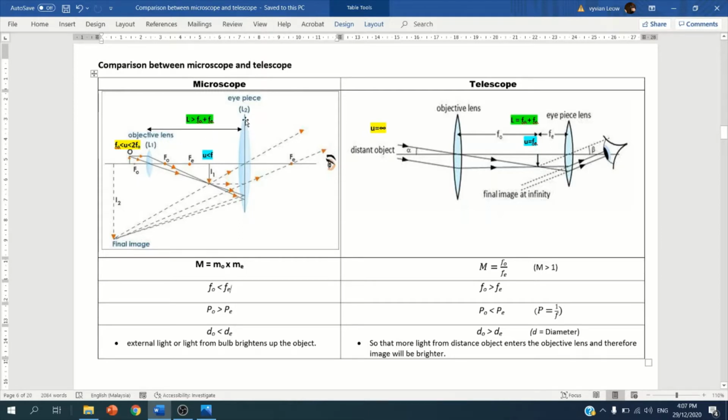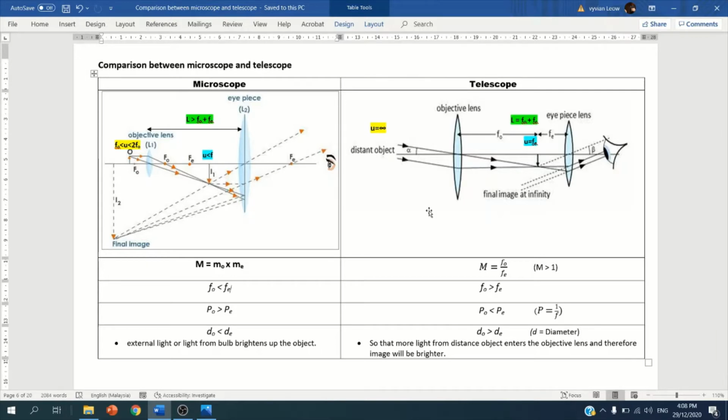The other one is called the eyepiece. The objective lens is placed near to the object, whereas the eyepiece is placed near to the eye of the observer. So both optical devices use the same names, but these two convex lenses for telescope and microscope are different.